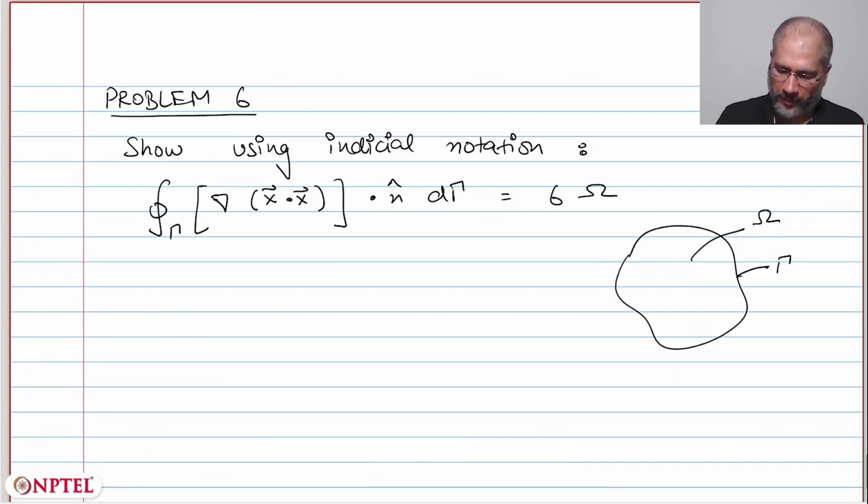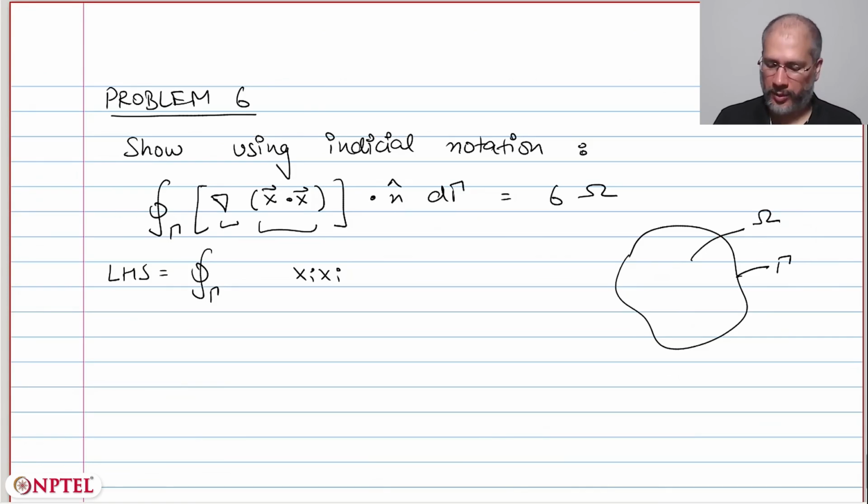So let's start with the left hand side. First, we will write this in the indicial notation. In fact, the problem says that we have to show this using indicial notation. And in any case, using the indicial notation is always simpler. So this becomes x dot x is xi times xi. And then you have a grad of that. Now, because xi xi is a scalar, the grad of that simply adds a new index comma j to it, because grad of a scalar is a vector, so it has to have one free index.